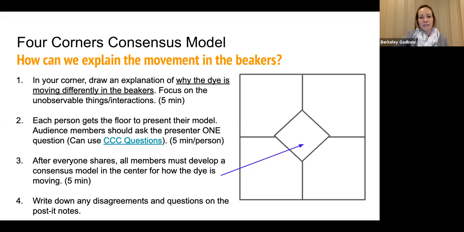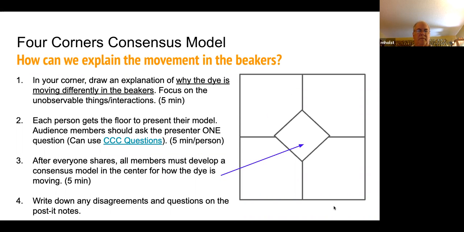And each student gets to use their space in their corner, and whatever phenomenon you are looking at, they get to use their corner to draw how they are trying to represent this accurately in their mind.